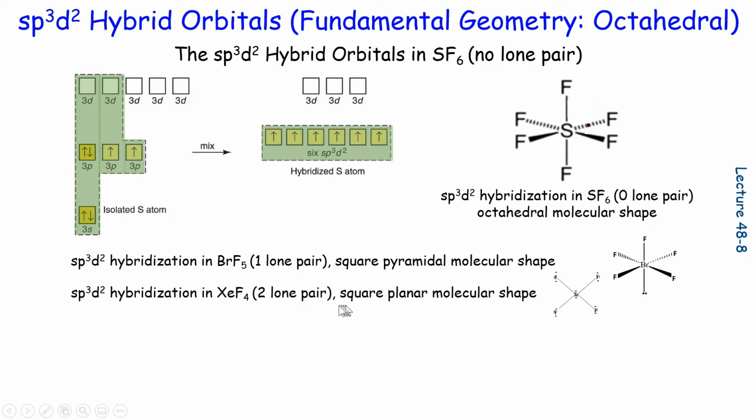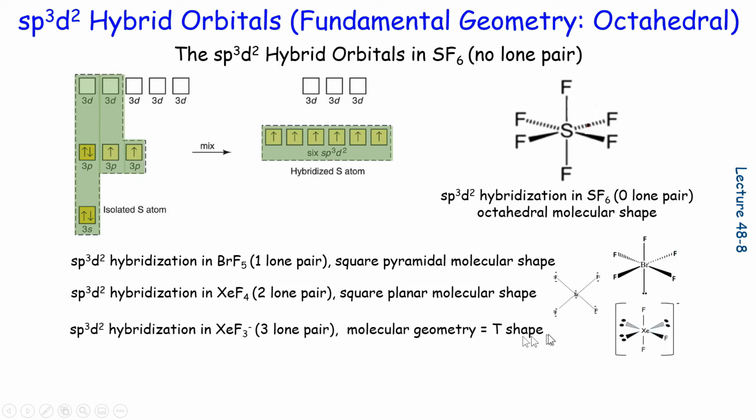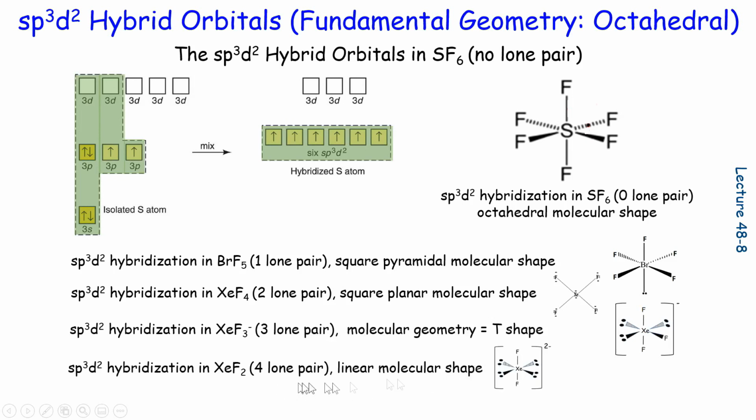If it's two lone pairs, the molecular geometry is square planar. 3 lone pairs, T-shape. 4 lone pairs, linear.